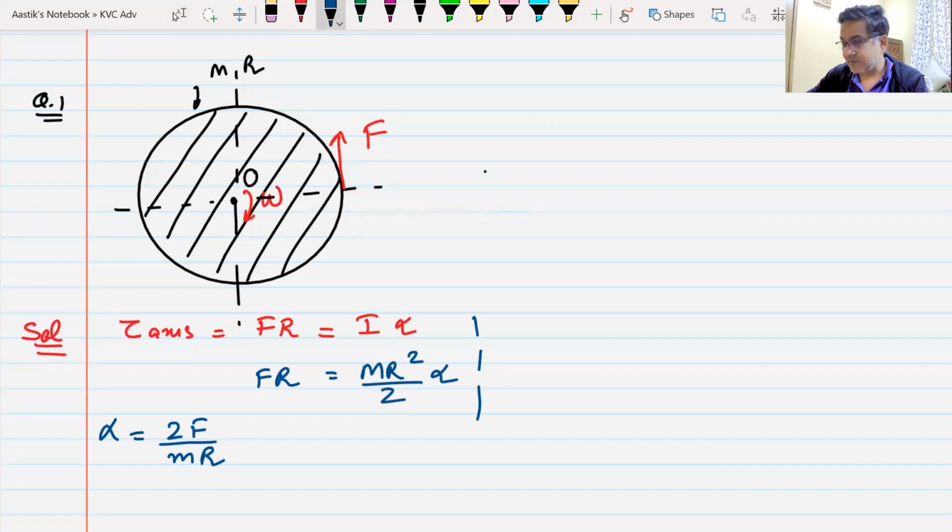Everyone is looking here and there, searching for the answer. So difficult? You don't know how to find out torque? You don't know the moment of inertia of this? Alpha we found out, sir, but time we couldn't find out. Oh God! You know alpha.